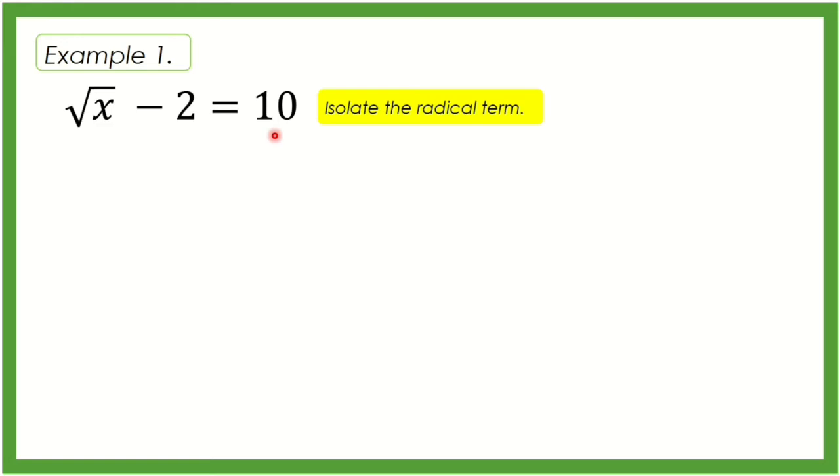Let's have first example. Square root of x minus 2 equals 10. Ang first step natin is to isolate the radical term. Ang meron tayong radical term ay square root of x. Dapat siya lang ang maiwan sa isang side.